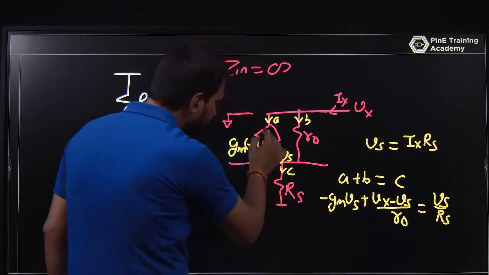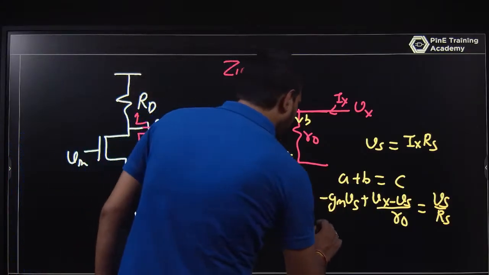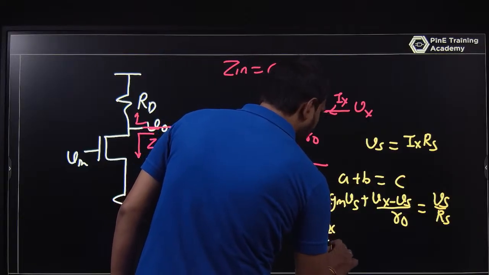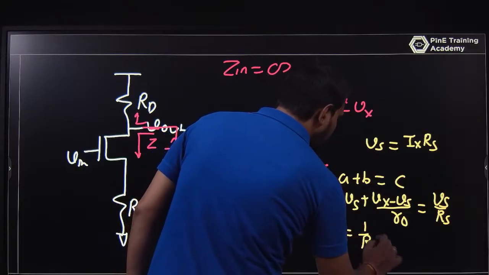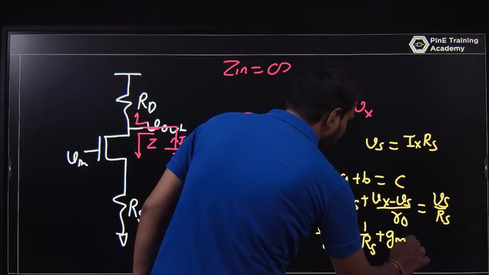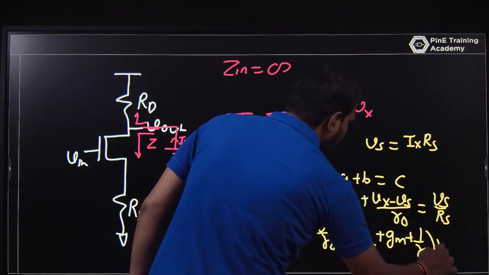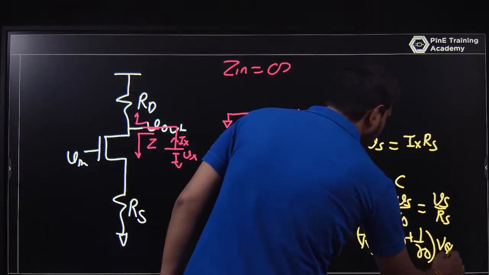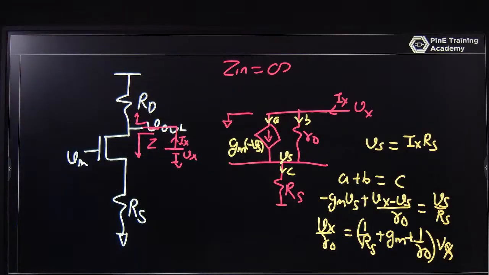This is minus gm Vs. So Vs upon R naught is equal to 1 upon Rs plus gm plus 1 upon R naught, into Vs, and Vs is equal to Ix into Rs.